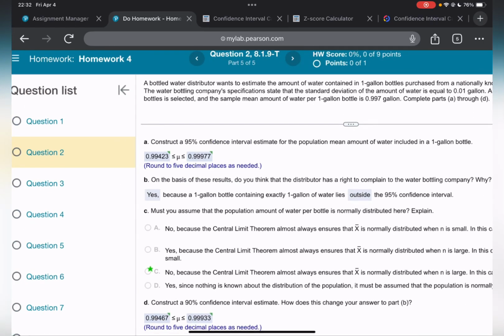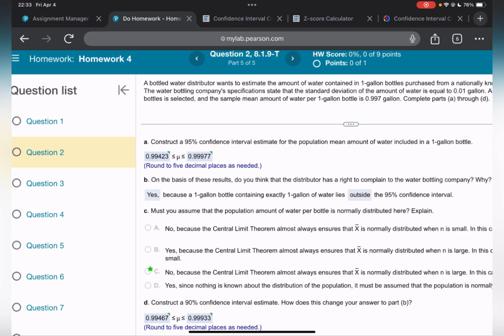They claim 0.997, and it's falling between the confidence interval. Then we can't complain. It says yes, here we can complain, because 1 gallon bottle contains exactly 1 gallon of water that lies outside, which is not the case.